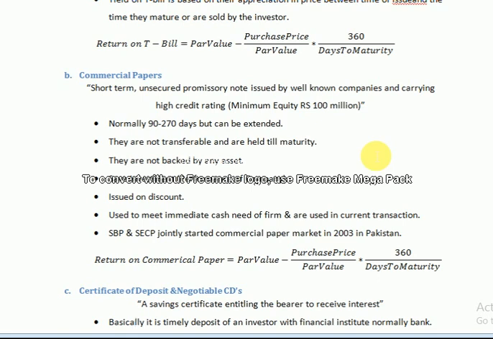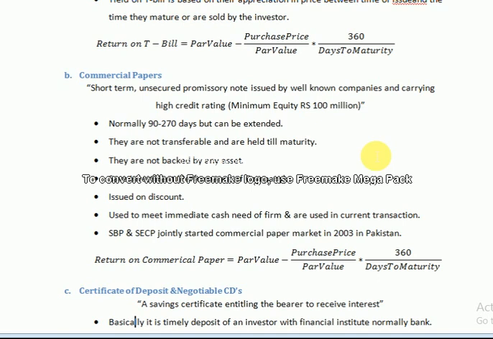T-bills, T-notes and T-bonds, treasury bills, treasury notes and treasury bonds, are, as you know, fixed income investments that are issued by the government, the Department of the Treasury, when the government needs to borrow money.